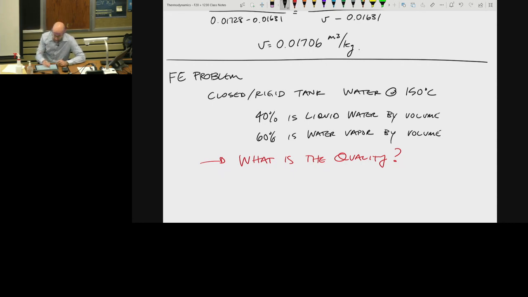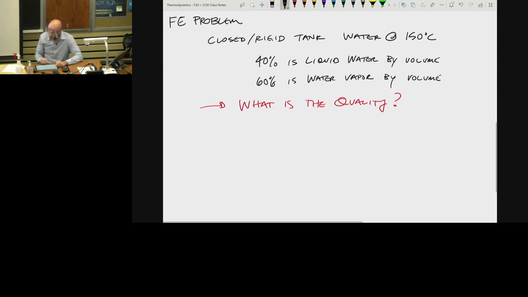So we're going to go through this problem. We're going to define what quality is. Quality, X, is equal to the mass of the vapor all over the total mass. Now, we don't have masses, so we have to find something that connects mass with volume.